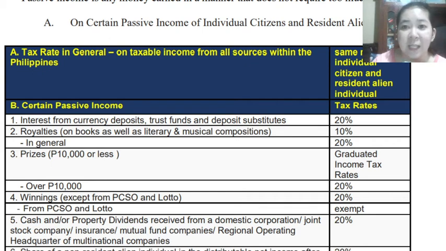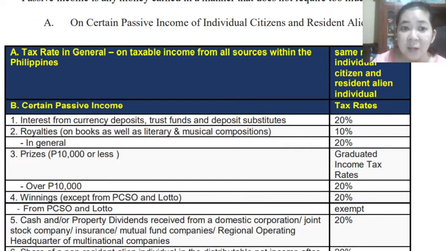Second is royalties. An example is for books, as well as any literary or musical compositions that are being sold. If they earn income from royalties or from the sales of the books, literary or musical compositions, they will be taxed 10%.